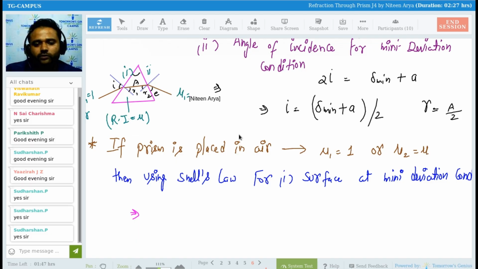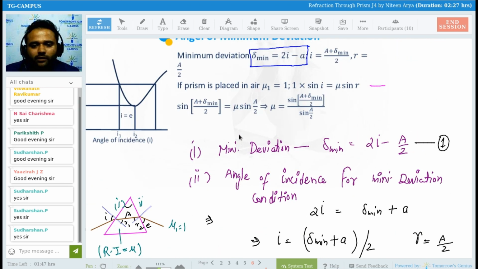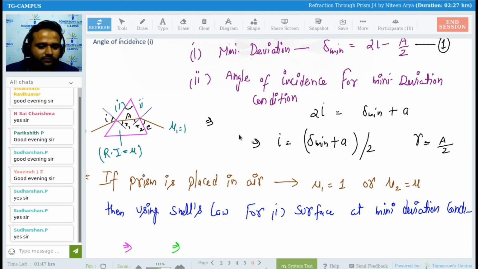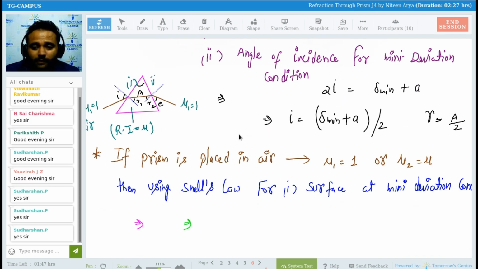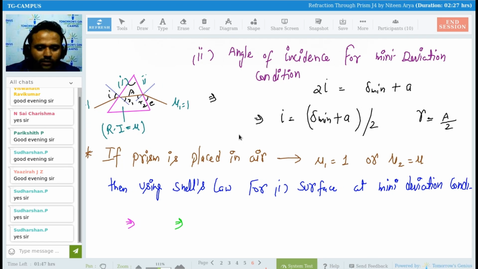And again mu1 equals 1. So using Snell's law for the first surface is very easy. Then the same equation we are going to write, mu1 sin I. Clear? And I am using here the Snell's law for the first surface at minimum deviation. You need to focus on this also, at minimum deviation condition.